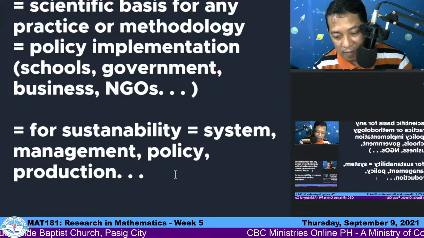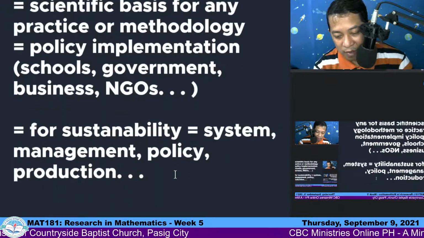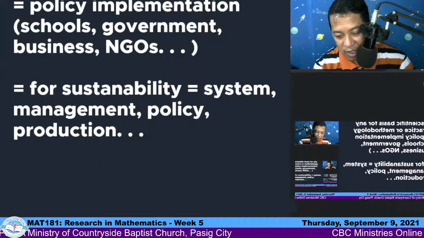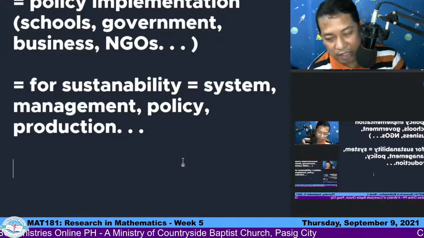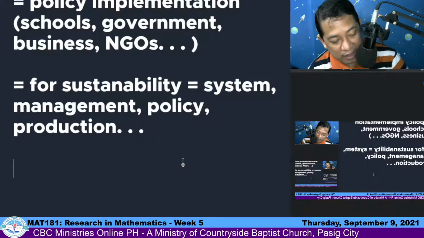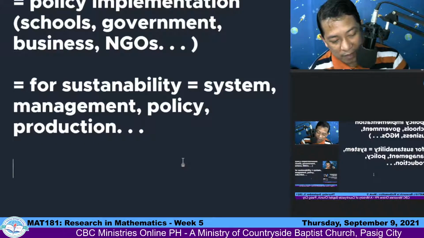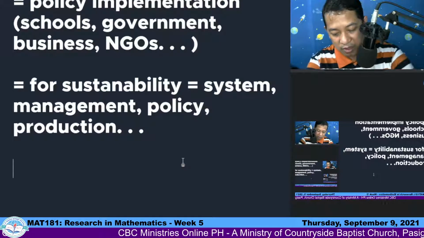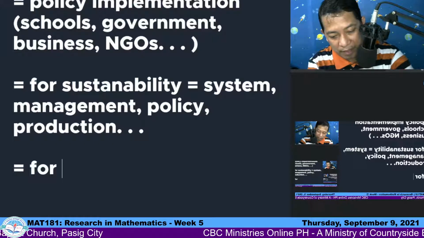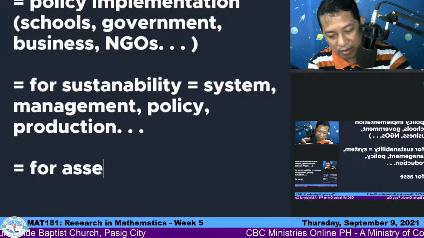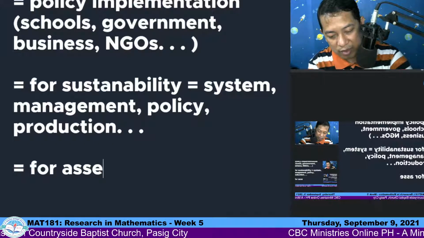So sustainability is another purpose of research, to sustain a particular system, management, or policy, perhaps to increase production and other things. Another is to develop tools for assessing effectiveness. So we need research for assessment, as an assessment tool.